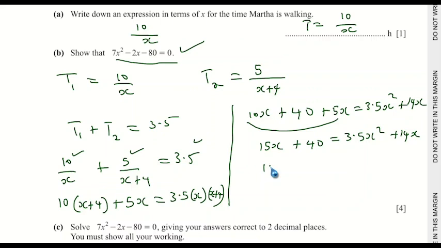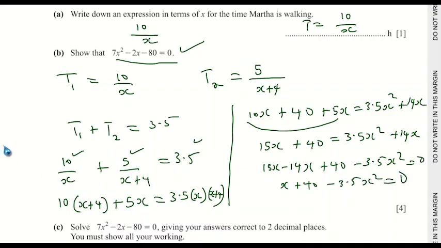So we have 15x minus 14x plus 40 minus 3.5x squared. So we have x plus 40 minus 3.5x squared equals 0. So we need to rearrange, right?